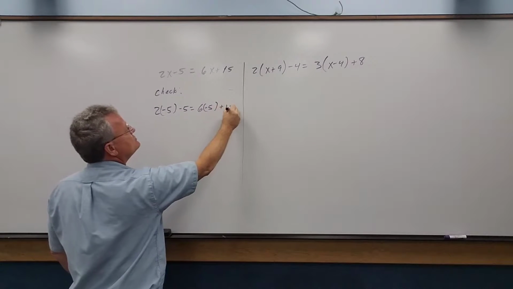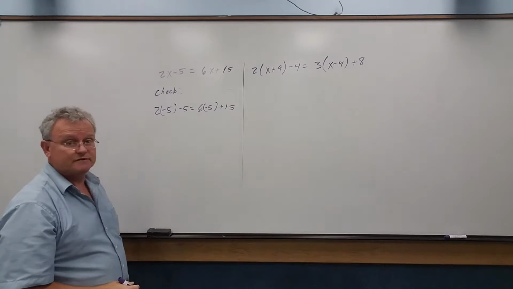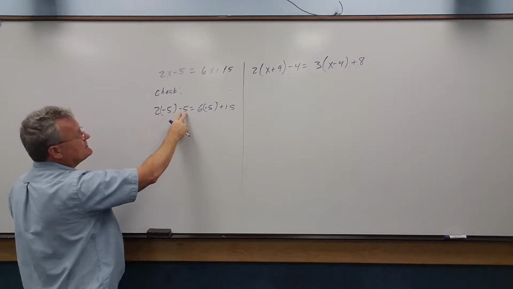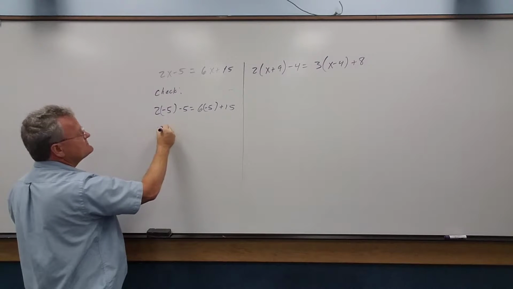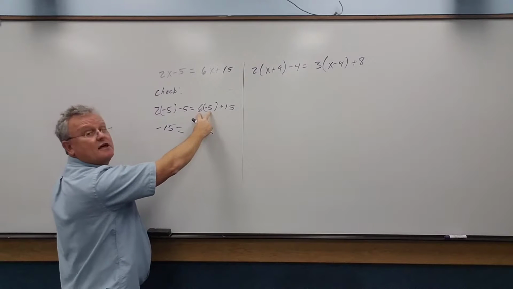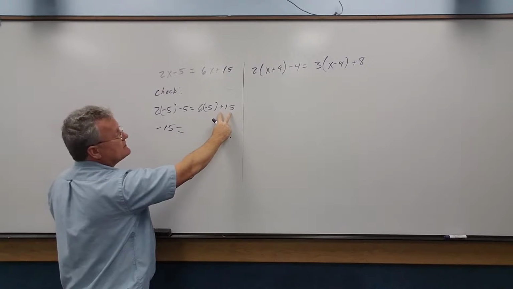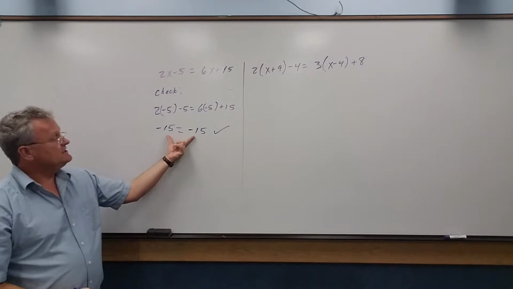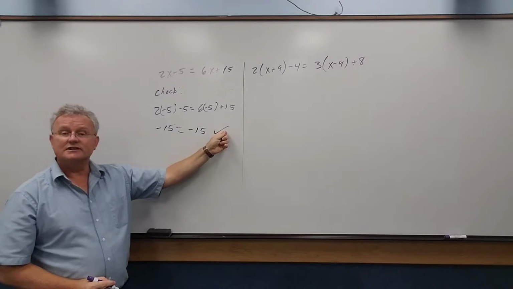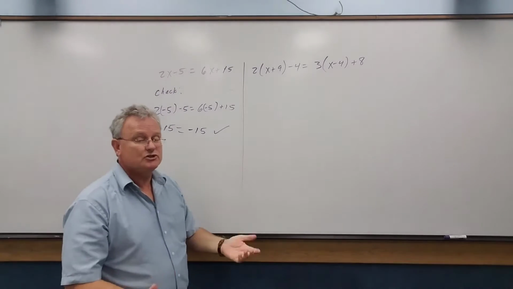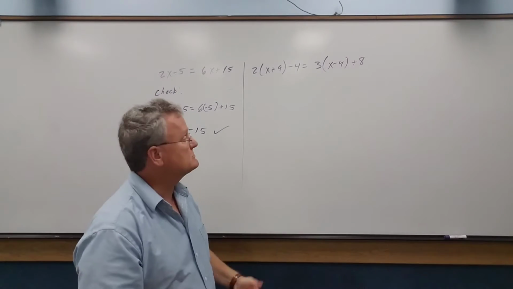And the two sides should be equal if it's the right answer. So we get negative 10 minus 5 is negative 15. This is negative 30. Negative 30 and a positive 15 is negative 15. These are both equal to each other. It checks, so that is the correct answer. You should check all your answers just to make sure.